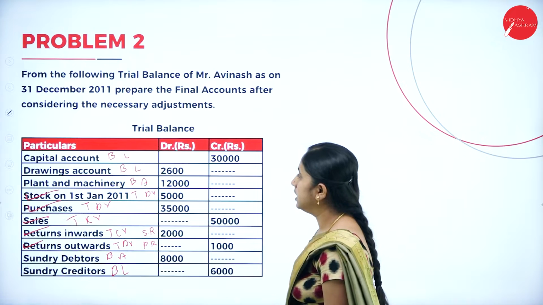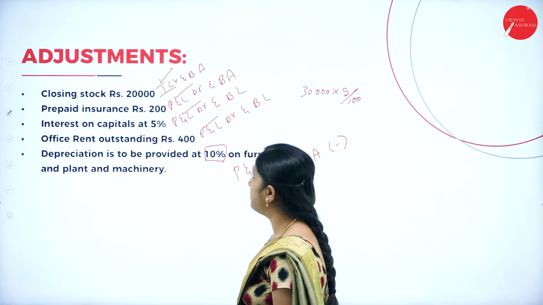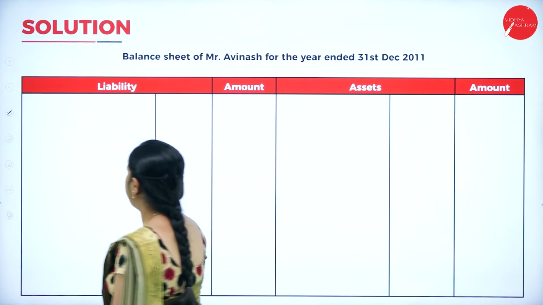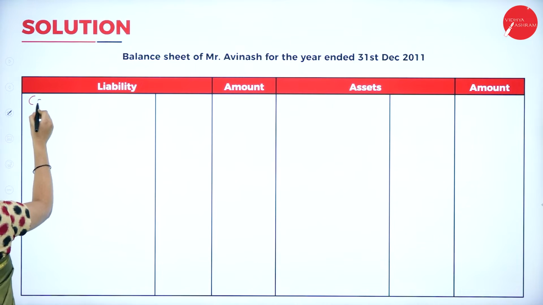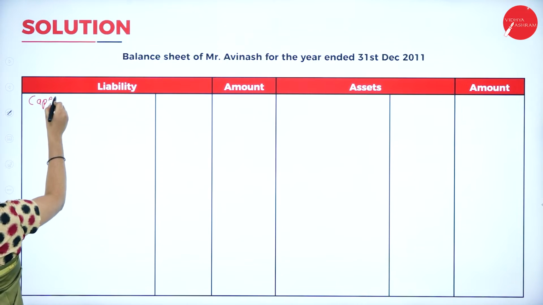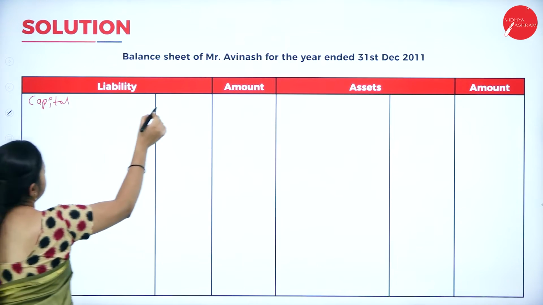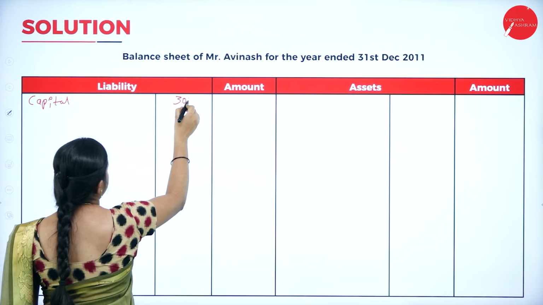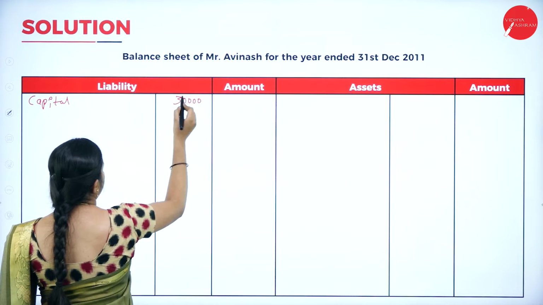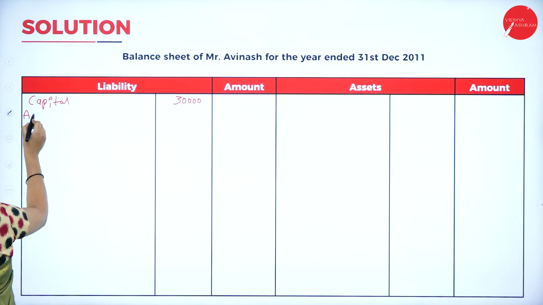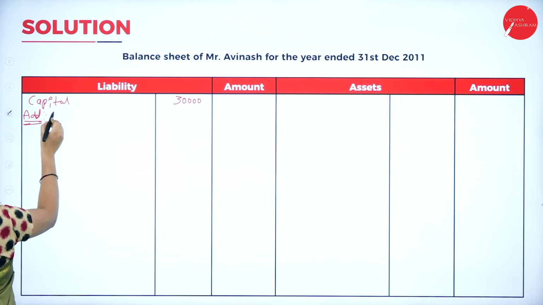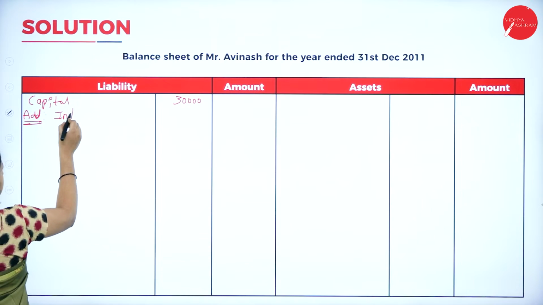Capital rupees 30,000. Capital is on the balance sheet liability side, right? Capital 30,000. In adjustment, we have interest on capital.